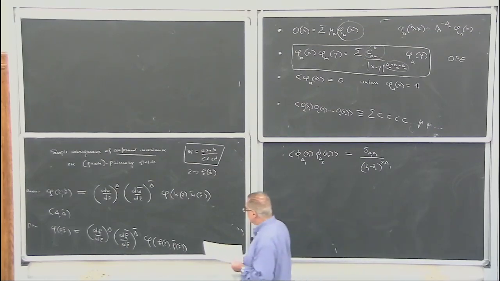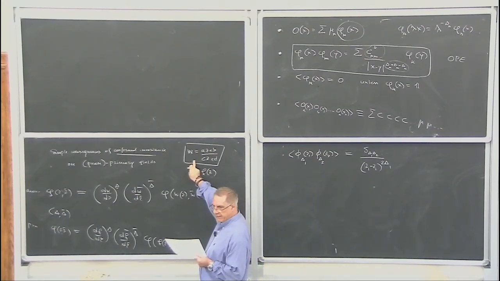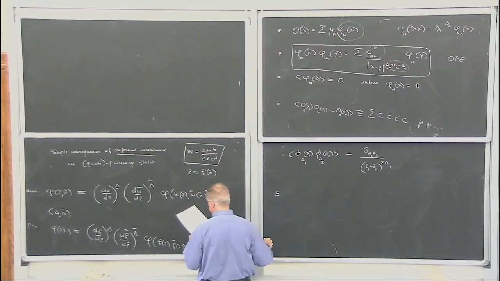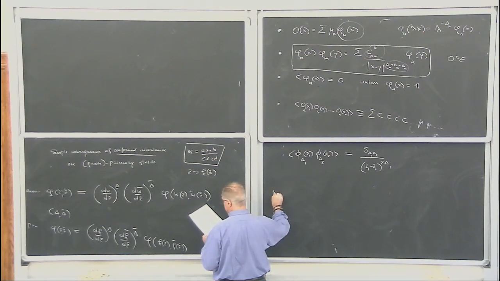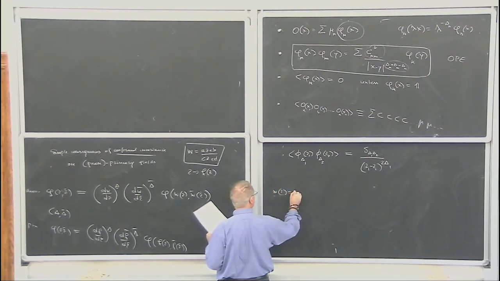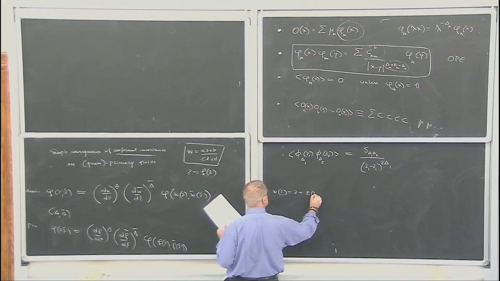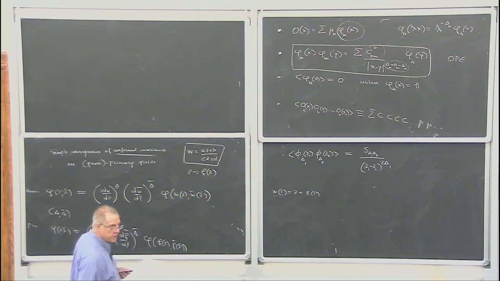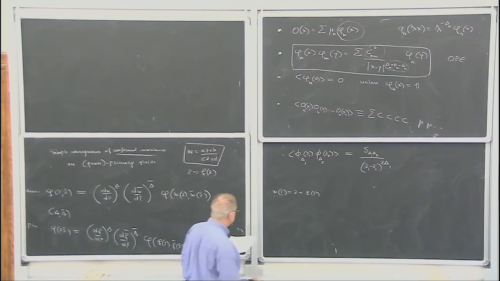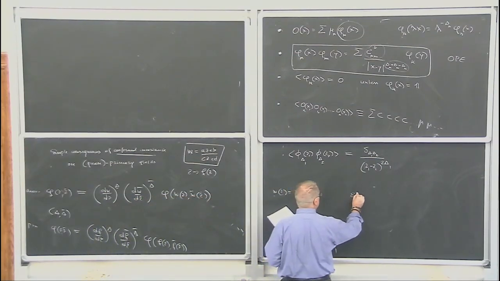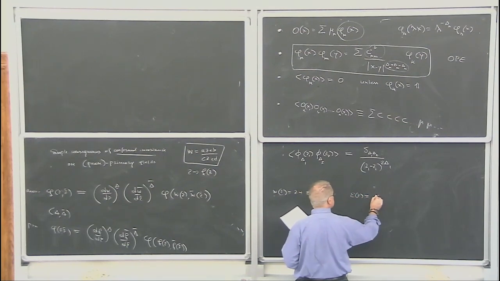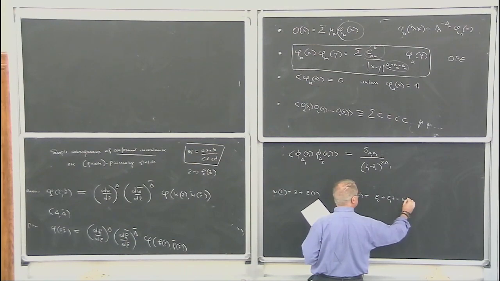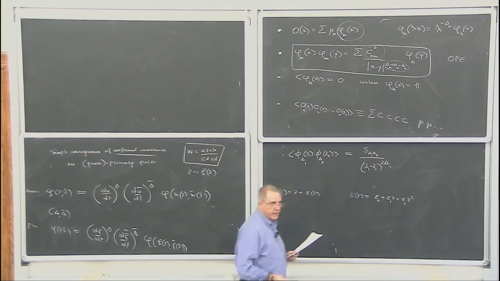The reason is that I'm going to act infinitesimally. So I'm going to make a transformation which says omega of z is going to be z plus epsilon of z. Now, for Möbius, we saw in the previous lecture that epsilon of z can be at most a polynomial of order 2, it cannot be anything else.